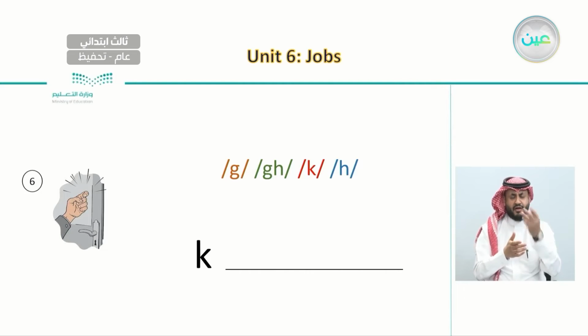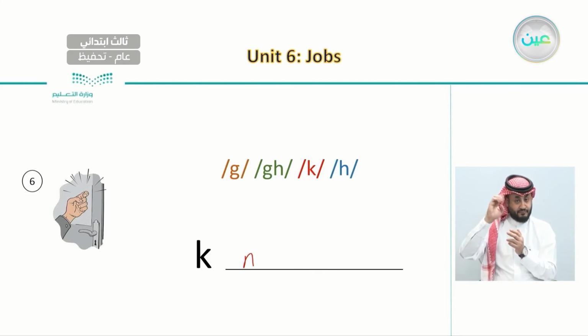So have a look at this picture. This is the word number 6 that starts with K. So we already got to know this word that starts with K, which is the word knock. So repeat after me.